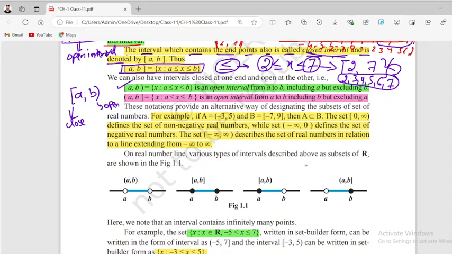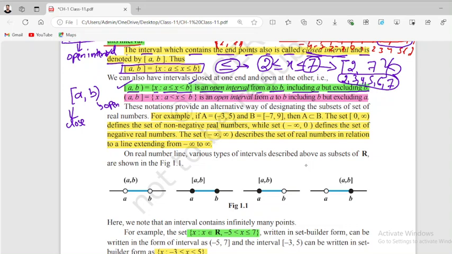Now the statement x such that a ≤ x < b is a half-open interval from a to b, including a but excluding b. It means we cannot consider this element.